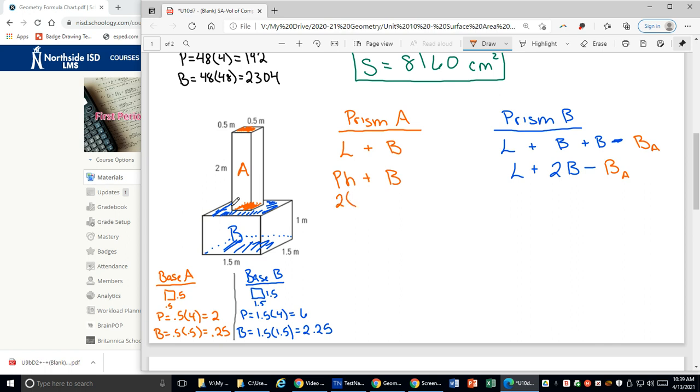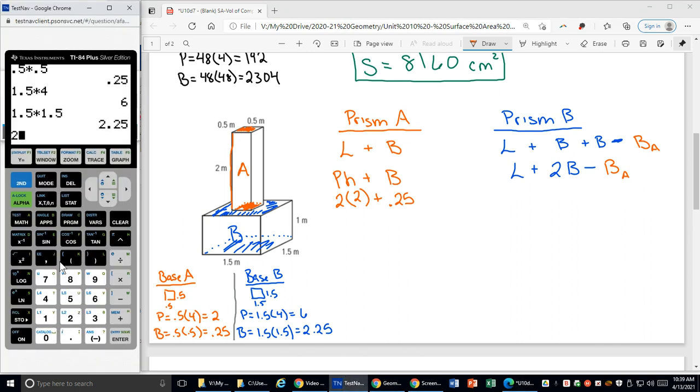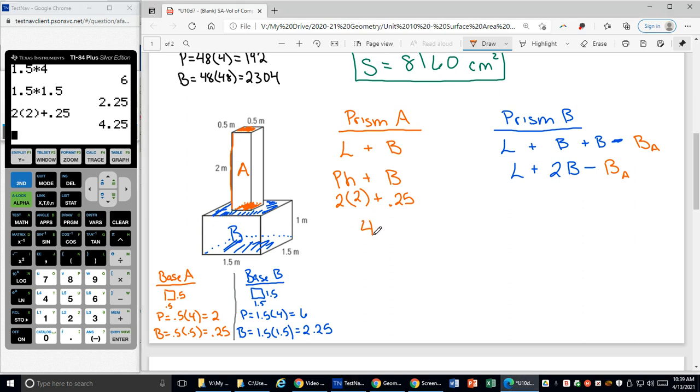The height of prism A is 2. The base of prism A is 0.25. So I'm going to grab my calculator. 2 times 2 plus 0.25 gives me 4.25. That's the surface area of just prism A.